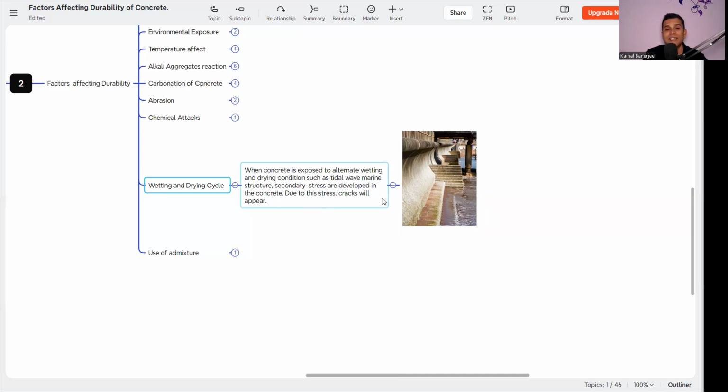Due to this stress, cracks generate. And if cracks are generated, we all know that water will penetrate, harmful chemicals will penetrate, carbon dioxide will penetrate, and our concrete durability will be a problem. So repeated wetting and drying cycles are also a problem.